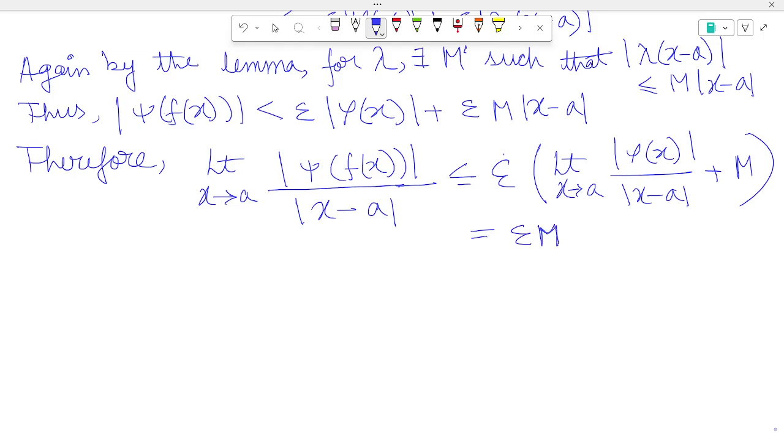But I can choose epsilon according to m, because we can control epsilon, right? We now have information about m. So for every epsilon that holds.